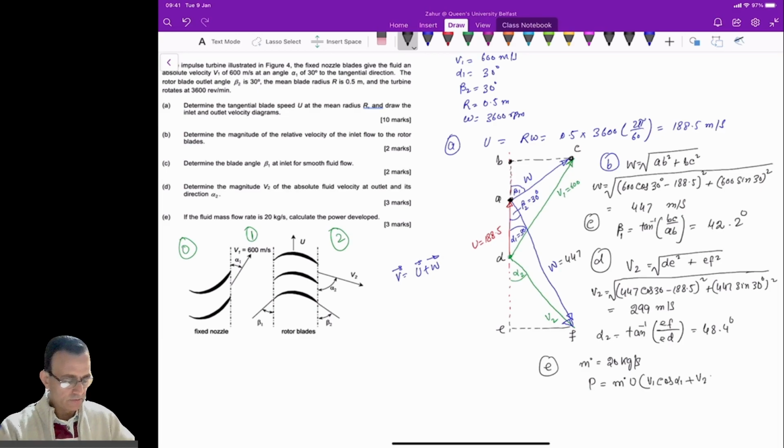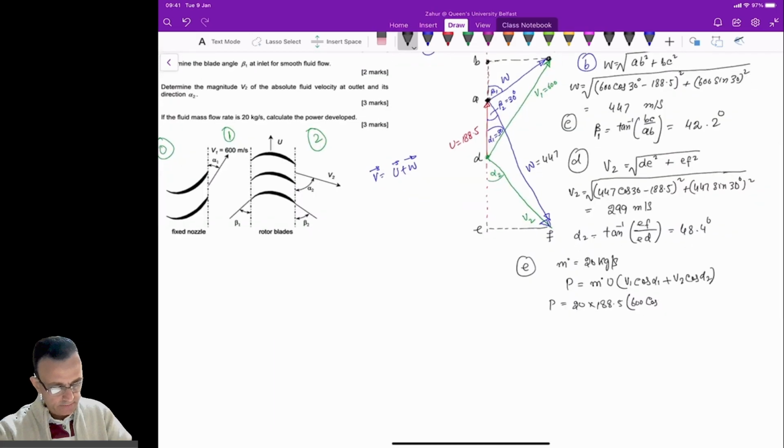So in this case, you just need to put the values here. We know everything. So m dot is 20, u is 188.5, V1 is 600, and angle is 30. So cos 30 plus V2, which is 299, cos 48.4, which we just found out.